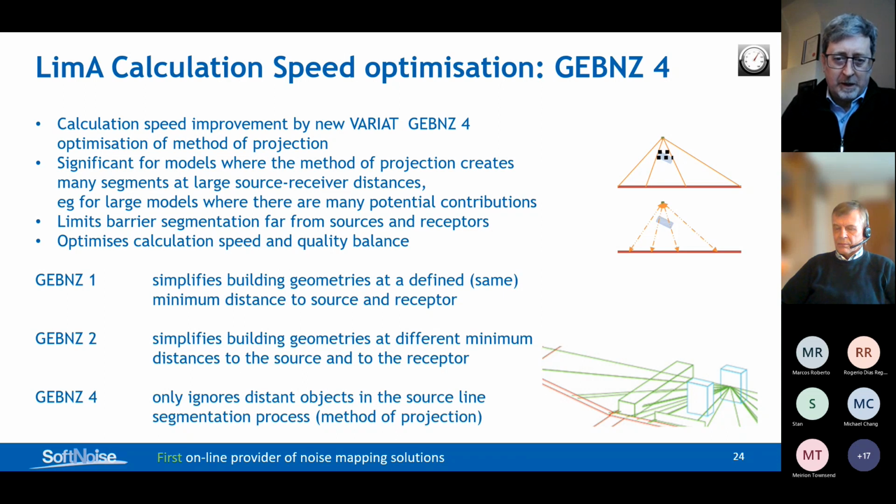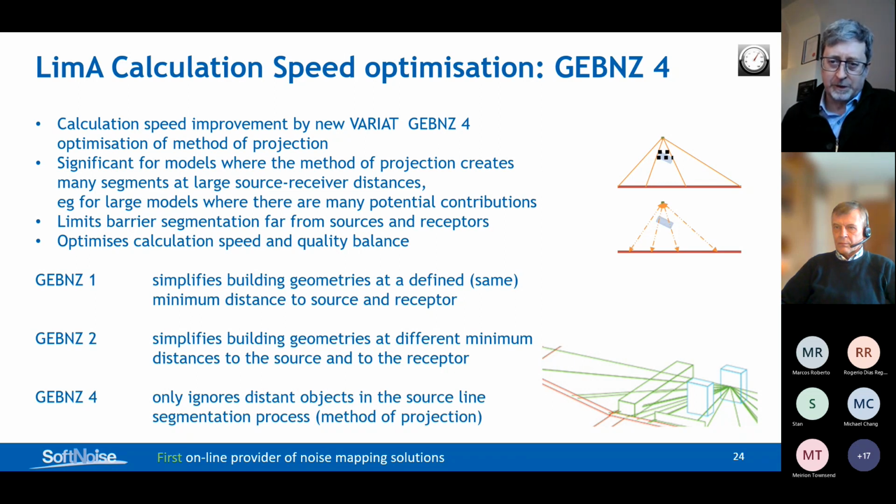This could be large models and road models, very typically, where there are many potential contributions. And what it does is limit the barrier segmentation when the barriers are far away from sources and receptors, and thus it optimizes the calculation speed while ensuring that we still have good quality. It's a good balance here.